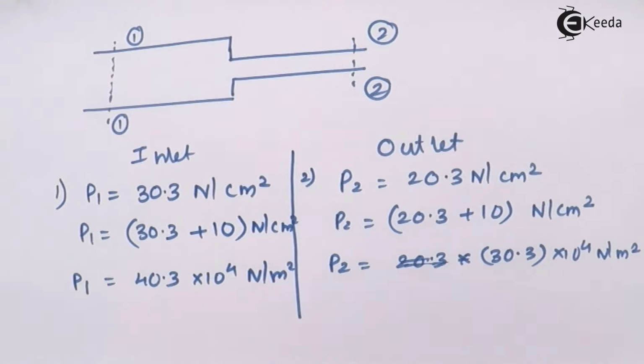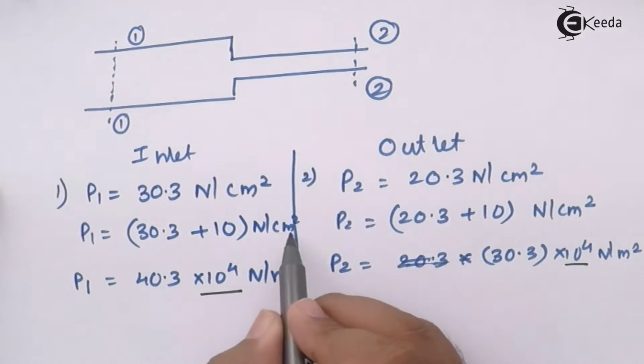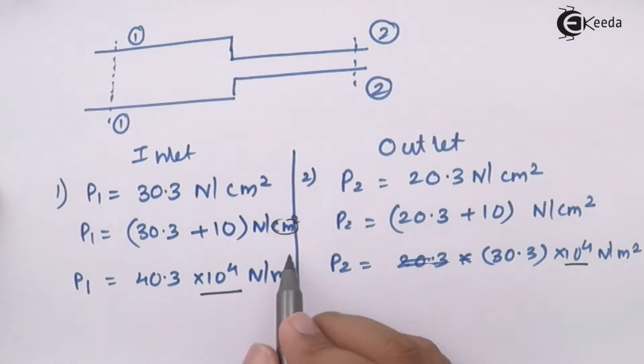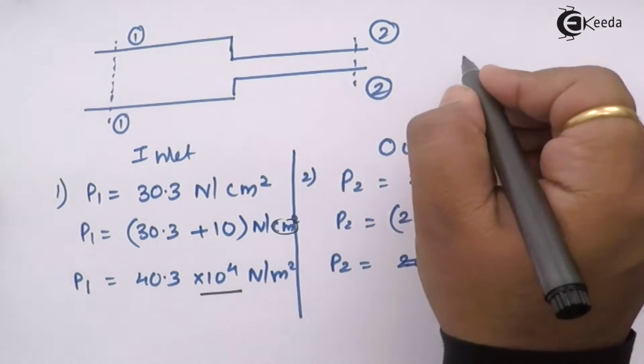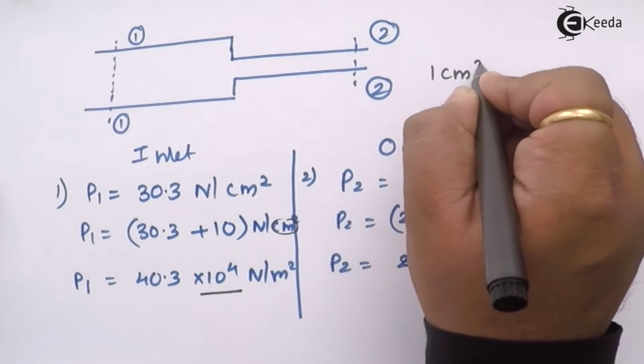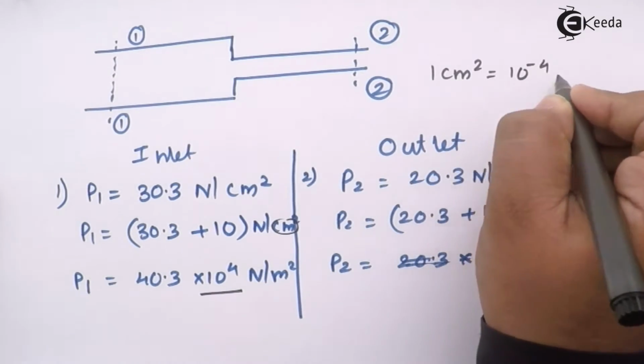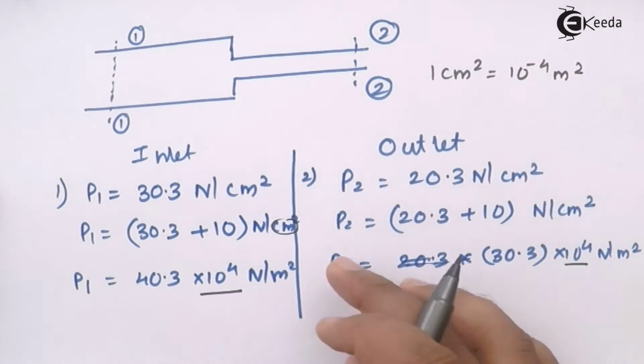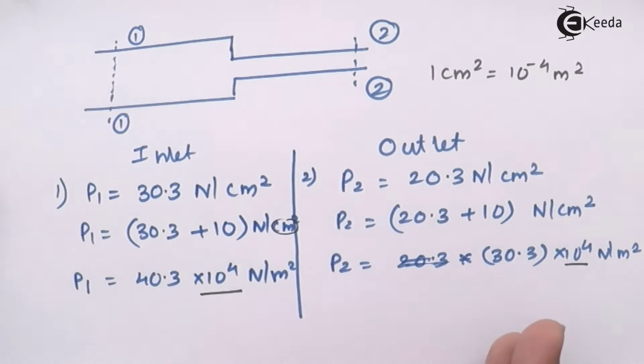So we have calculated the pressures over here. Now this 10 raised to 4 has come from the conversion of centimeter square to meter square. We know that 1 centimeter square is 10 raised to minus 4 meter square, and when it goes in the numerator, it will be 10 raised to plus 4.